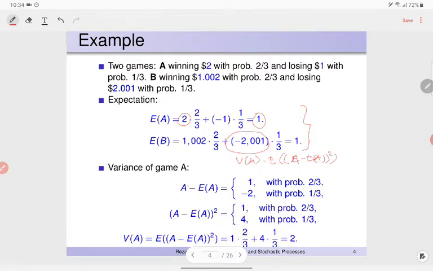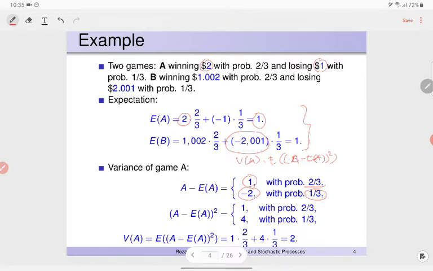A is the value of the random variable, minus EA, its expectation. So the value first is equal to 2 minus 1, which is 1 with probability 2/3. The other one is, if we lose, minus 1 minus 1, so this is minus 2 with probability 1/3. And we can square this, so the square will be 1 with probability 2/3 and 4 with probability 1/3.